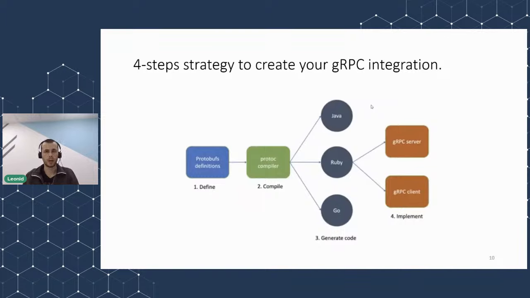As I said, it can be Java, Go, C++, and so on and so on. And the last step is just to implement the business logic we need. And the flow is always the same.